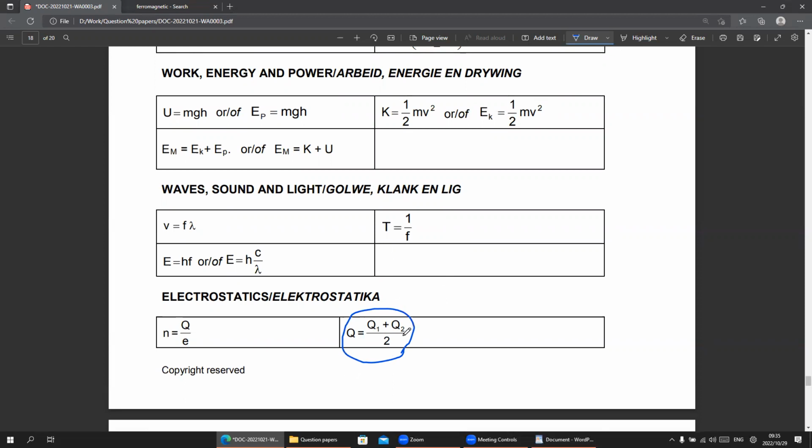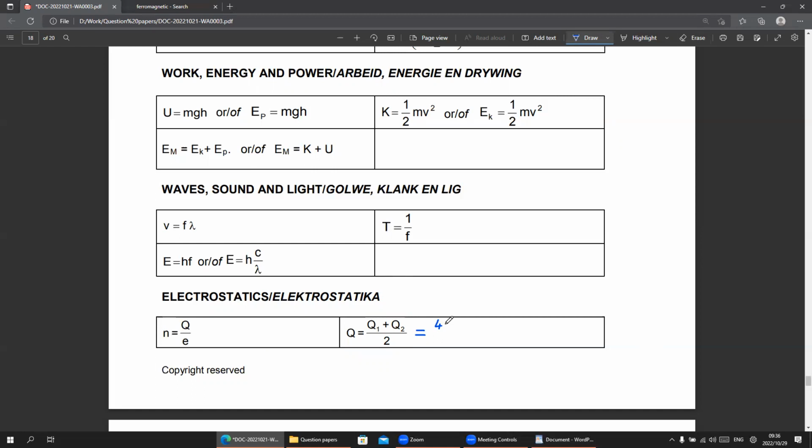So I think both of the spheres have the same charge, but one is negative and the other one is positive. So you're gonna have positive 4.8 plus negative 4.8, divide that by 2.